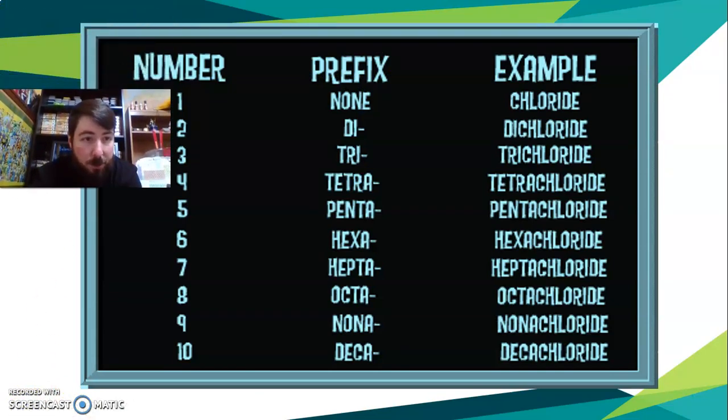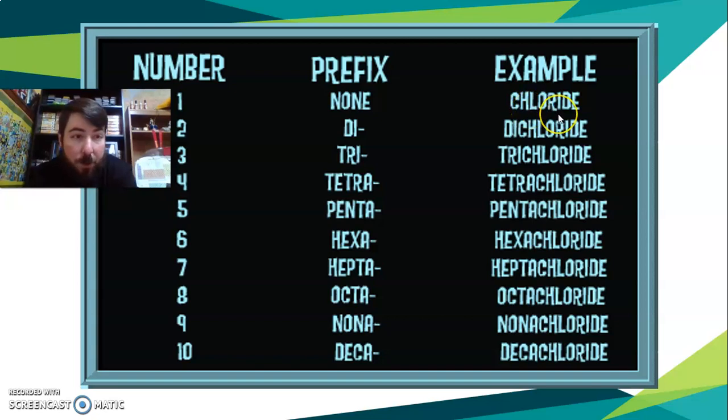And here's that chart. So if there was one, we wouldn't put a prefix, or sometimes we put the prefix mono, which we're also going to see in a moment. Then 2 would be di, 3 would be tri, 4 would be tetra, and so on. You can see an example here with chlorine.